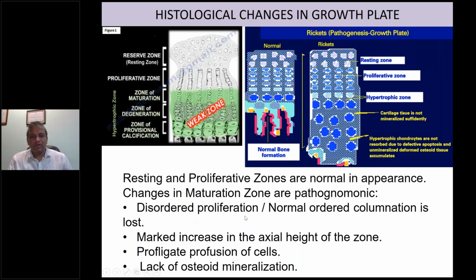So there will be disordered proliferation. The normal columning is lost. This is normal columning; here it is disordered here and there, with a marked increase in axial height. The zone widens. Then there is profuse movement of the cells here and there, and lack of osteoid mineralization.